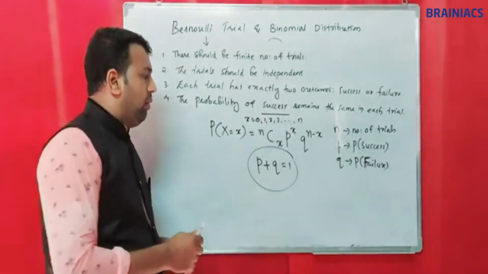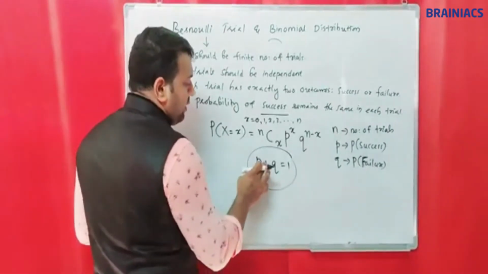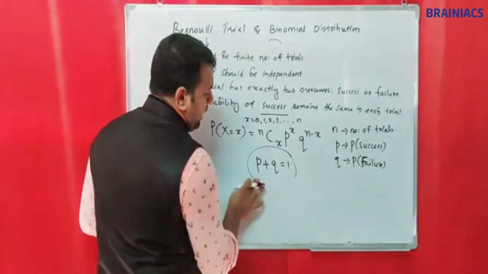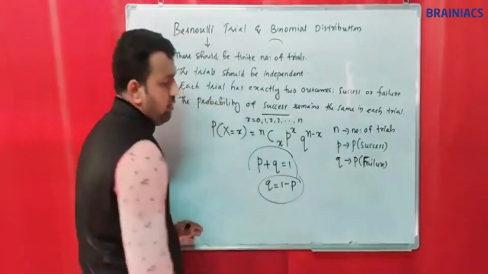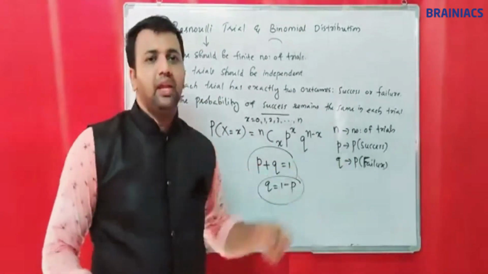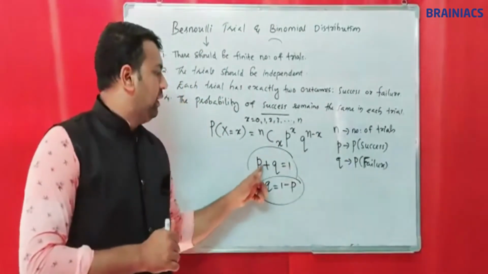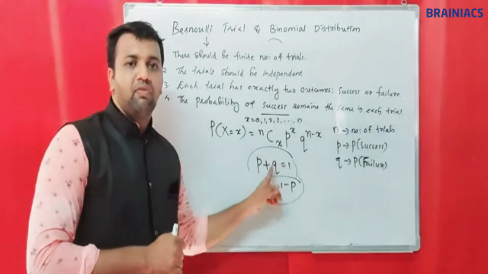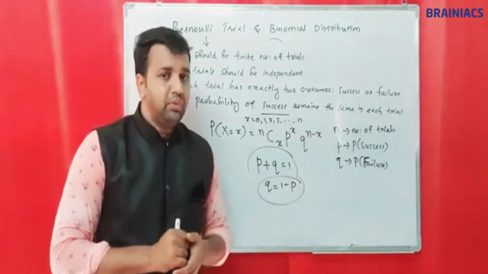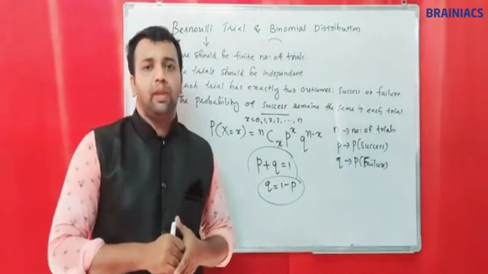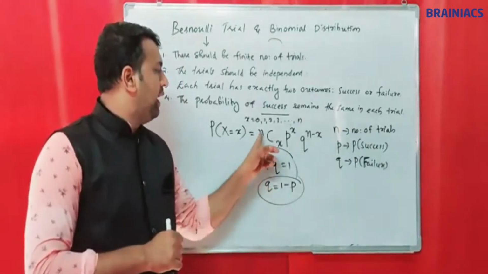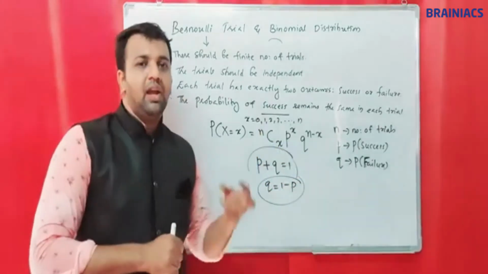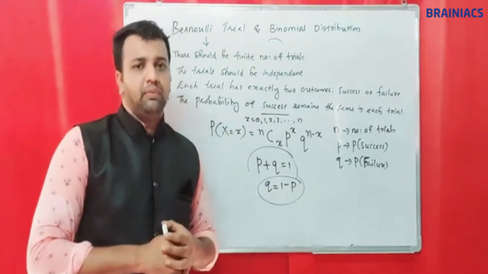From this equation we can calculate Q is equal to 1 minus P. P will be given, and we can use this equation for finding the value of Q. By putting these values P, Q, N, X in this equation, we get the corresponding probability.